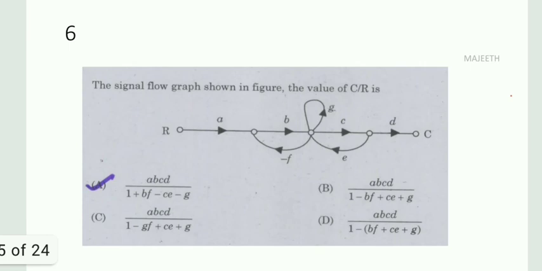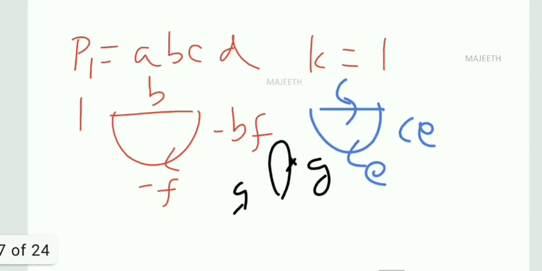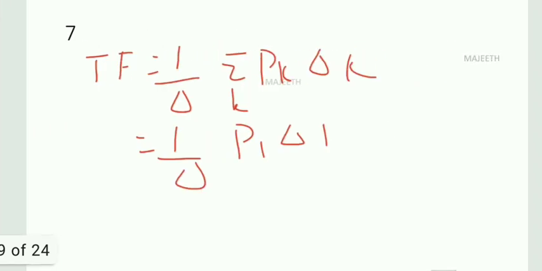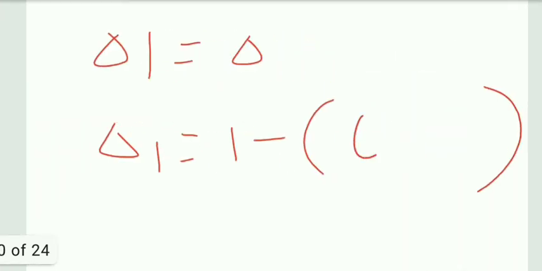So we don't have any loops not touching the first forward path, so all the bracket terms will be 0. So del 1 is equal to 1 only.